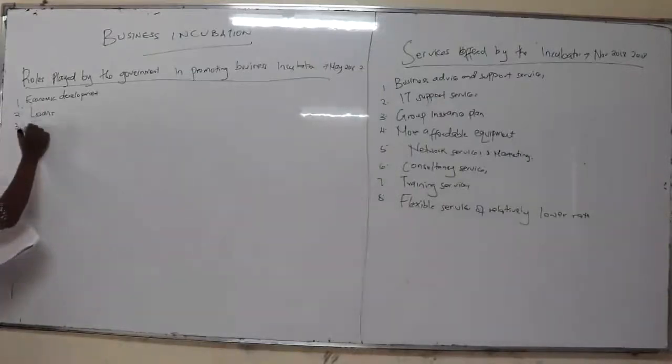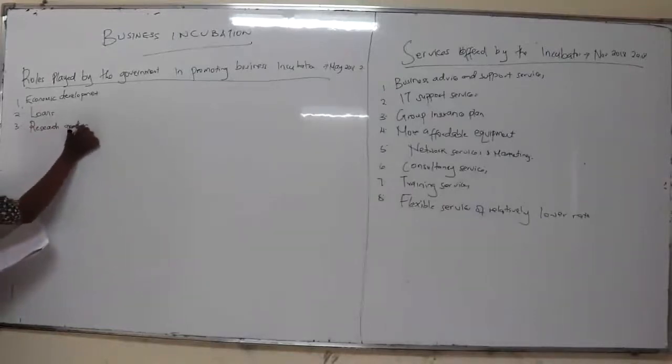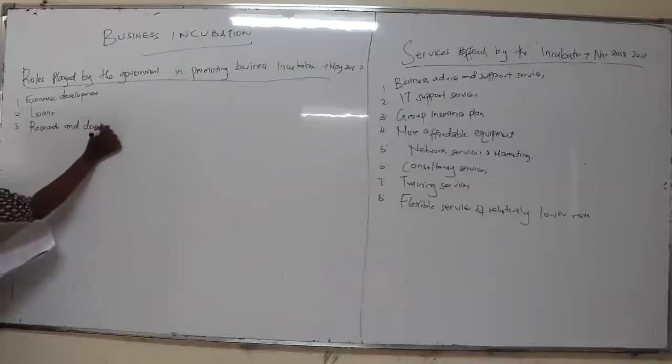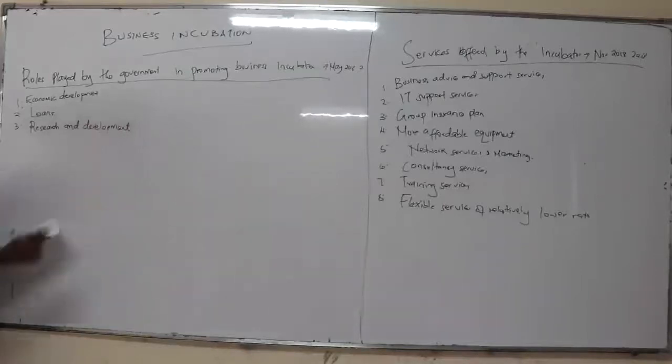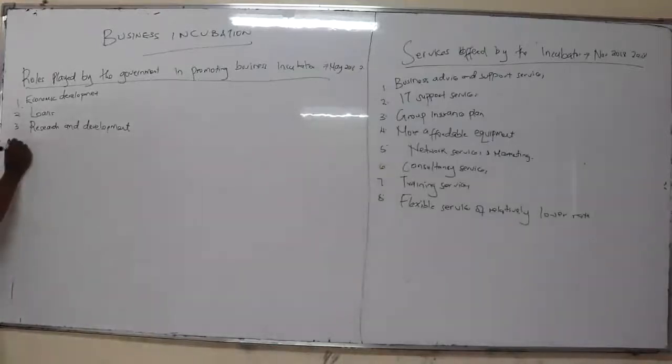Another role is in research and development. The government provides grants to academic institutions working to develop new technologies that will benefit industry or government, providing grants to private companies making a new product or service.